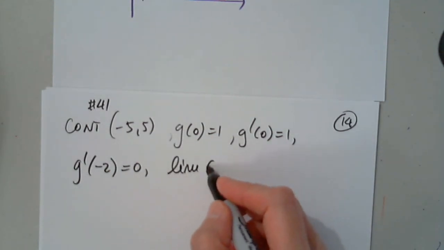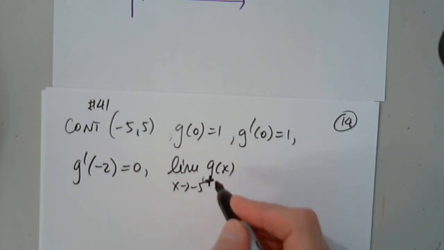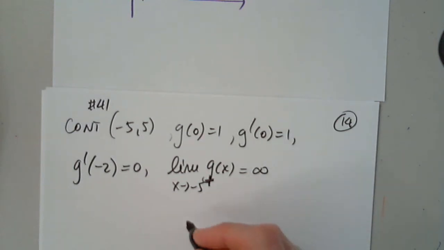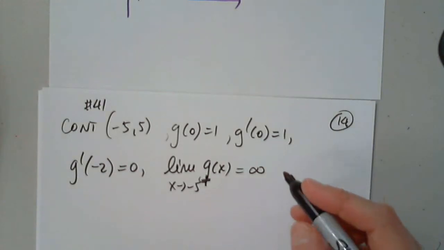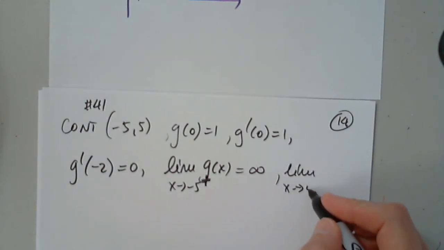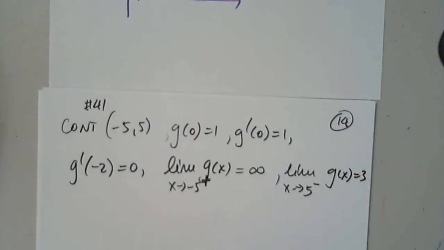The limit of g of x as x approaches -5 from the right is infinity. And from the right is infinity, yes. And from the left is 3.